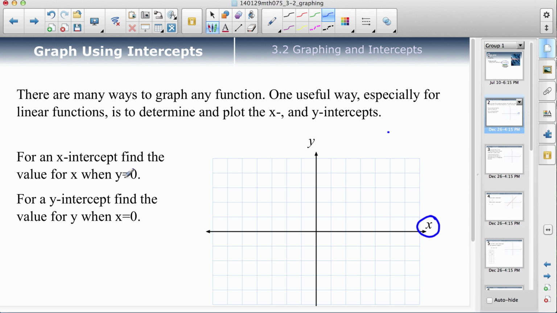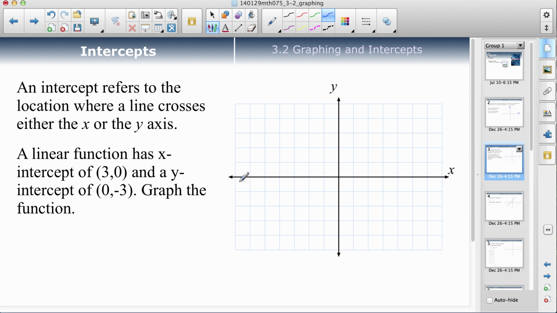And conversely, if you're looking for a y-intercept, where it crosses this line, you would plug in a 0 for x.